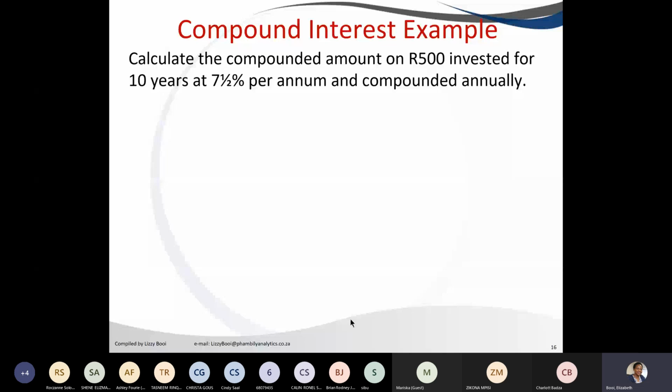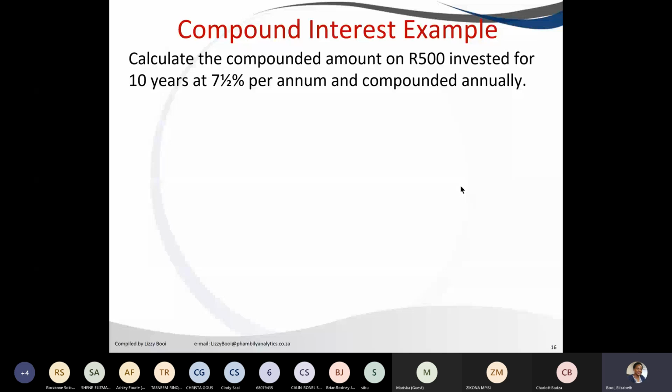Remember, in the beginning, those who started with the sessions, we do not round off interest. So if this was 7.5, when we divide by 100, it will stay as 0.075. We keep all the decimals.